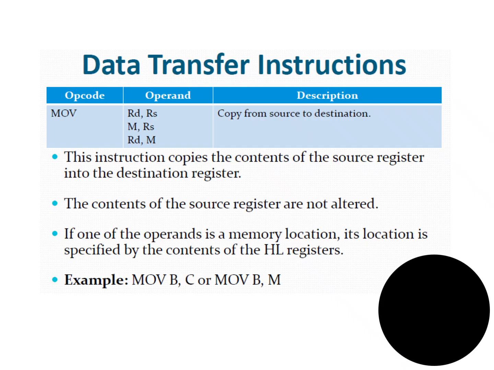In the case of MOV B, M, M holds the memory location, which is 16-bit. For example, take the 16-bit address 4600, where the data pointed to by M is 35. If B has 25, then after execution of this instruction, B holds 35 and the memory location also retains the value 35. So this is the concept of the move instruction.